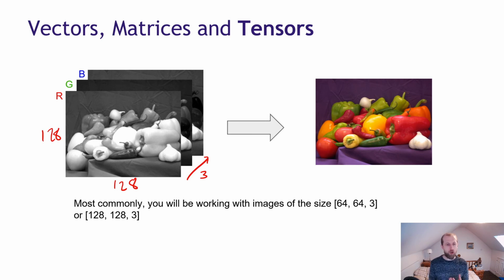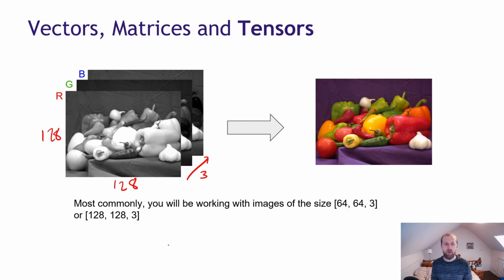And just to note that once we go further, once we have more of these dimensions, we're no longer going to have new terms to consider. Everything which is 3 dimensions or more is just going to be described as a tensor.